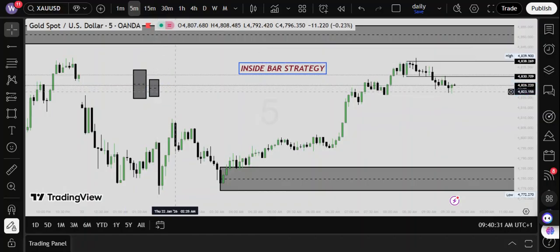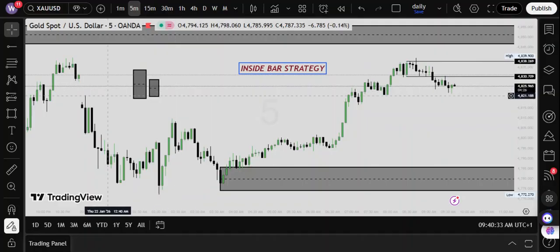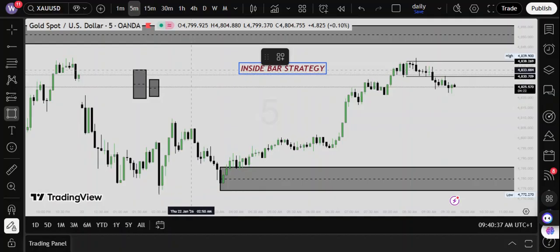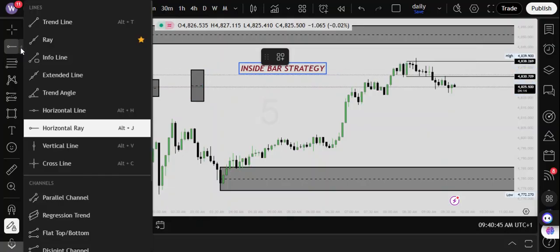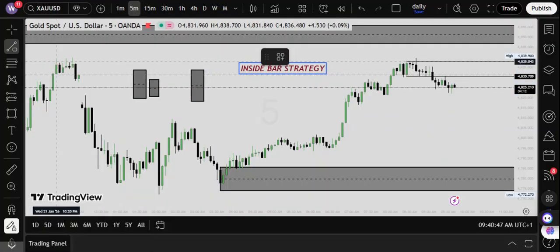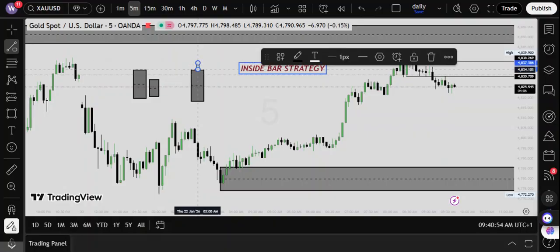Sometimes it happens this way. This is an example of an inside bar. And sometimes you might have something like this. You have a big candle, with a small wick at the top and bottom. Not my best drawings.